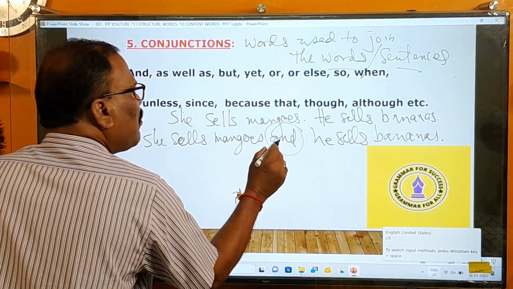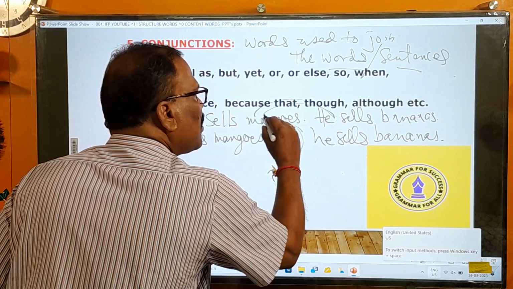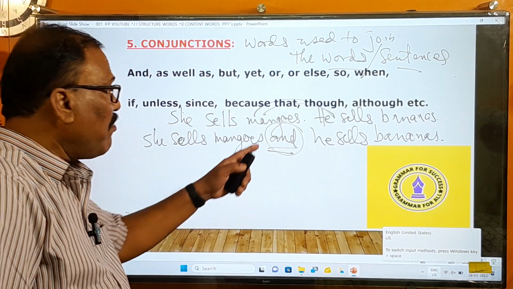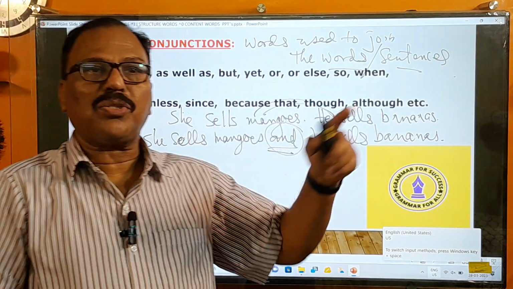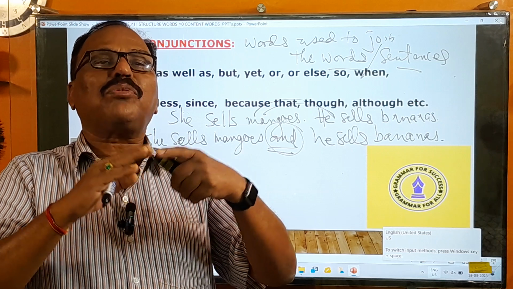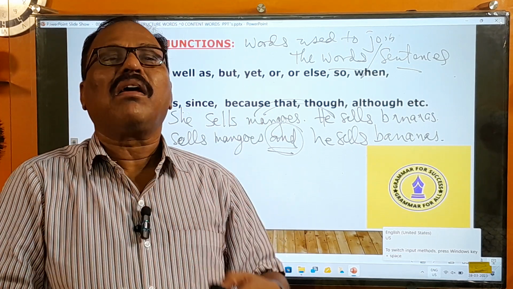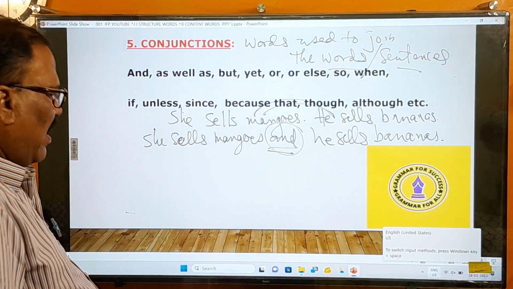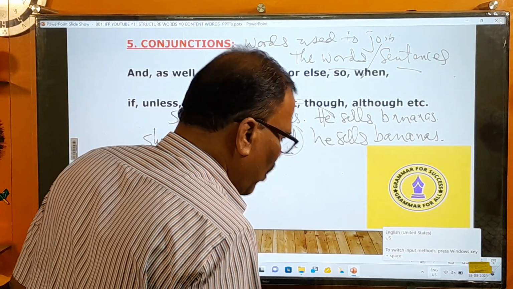Here we have used this 'and' to join these two separate sentences. Any word that joins two words or more words or two sentences together is called a conjunction. These are all structure words.